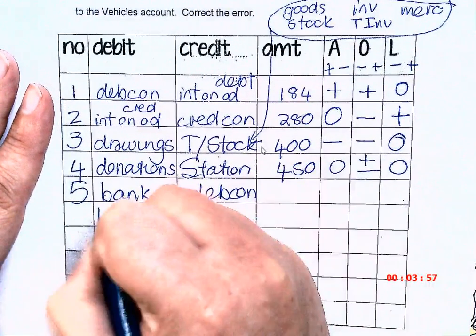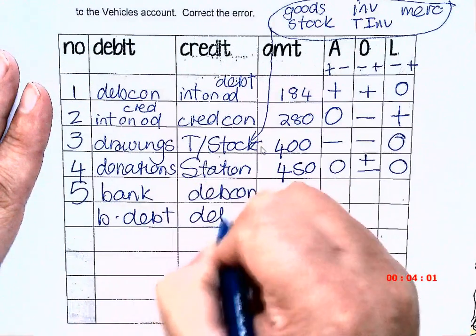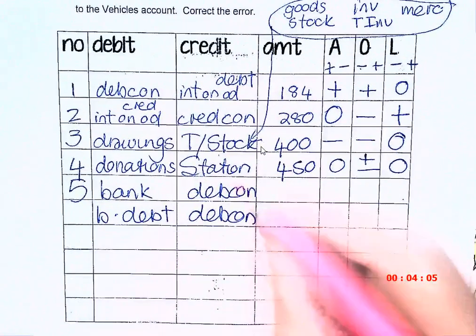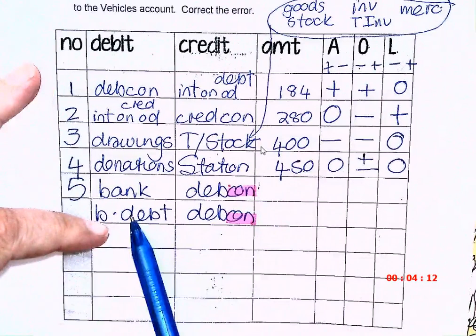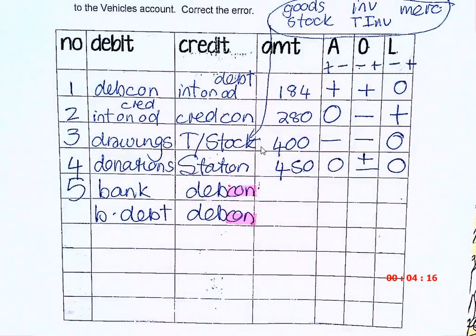And the second one, I'm going to bad debt the outstanding debt. And remember the rule, controls are always beneath each other, never across. So you won't have one on the debit side. Okay, please remember these little rules.